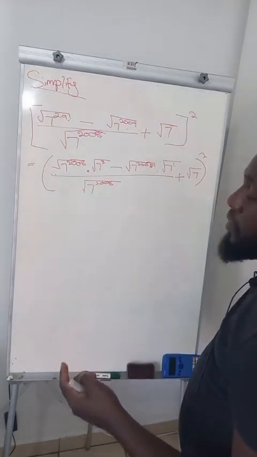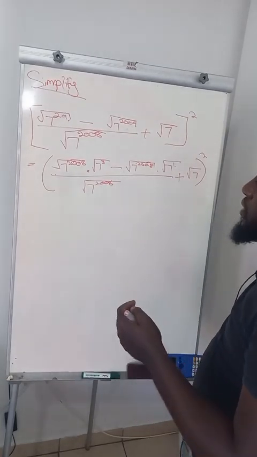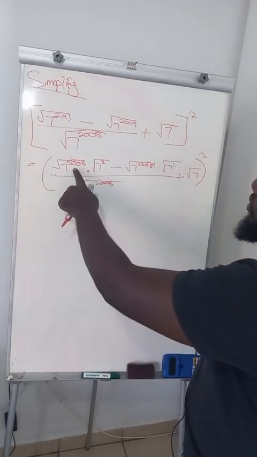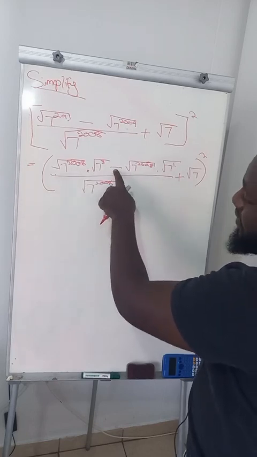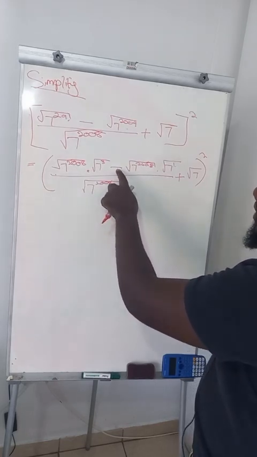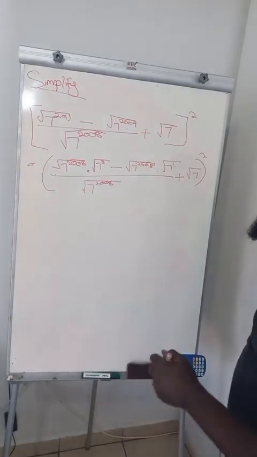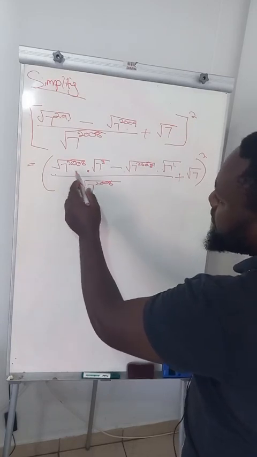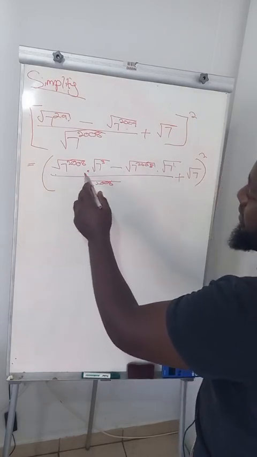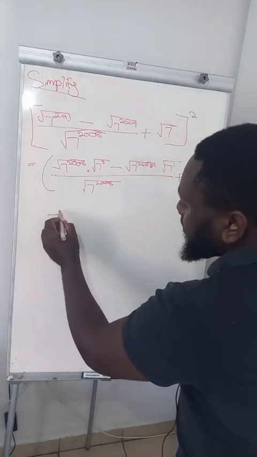For you to be able to cancel the like terms, you need to remove 2008 as a common factor here on top, because you're having a negative. A negative here just means these are two terms, you're subtracting two terms. So let's remove a common factor of the square root of 7 to the power of 2008.